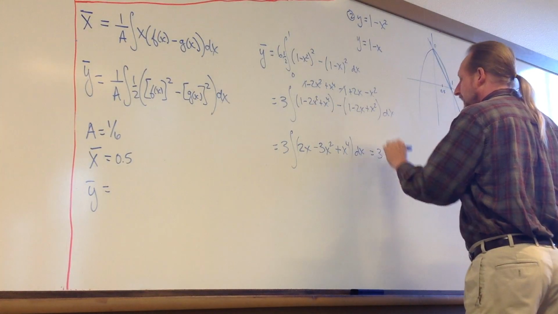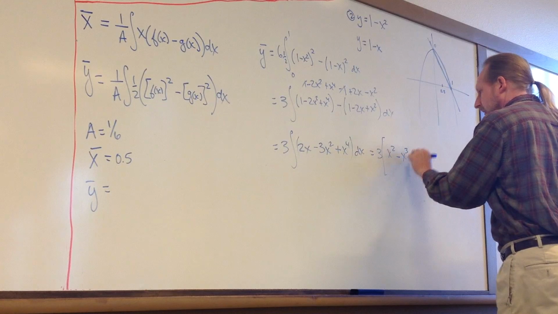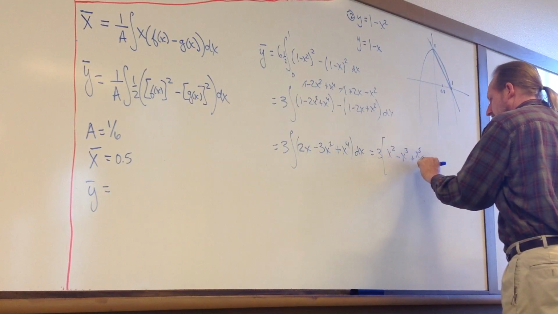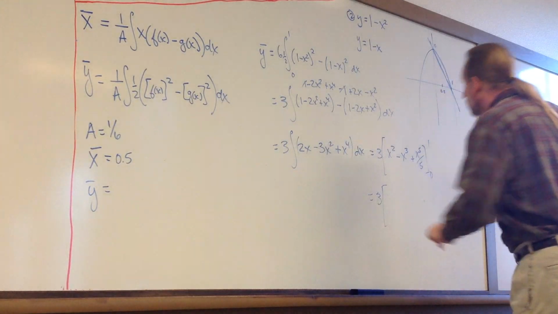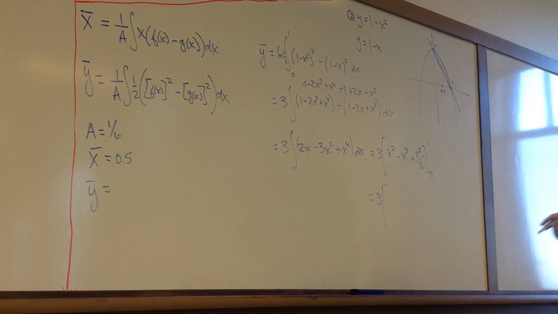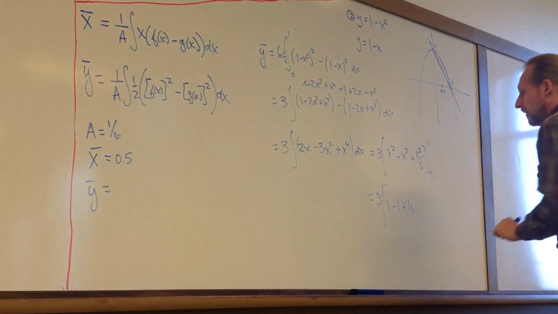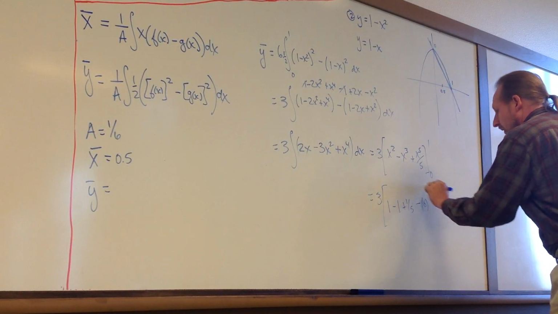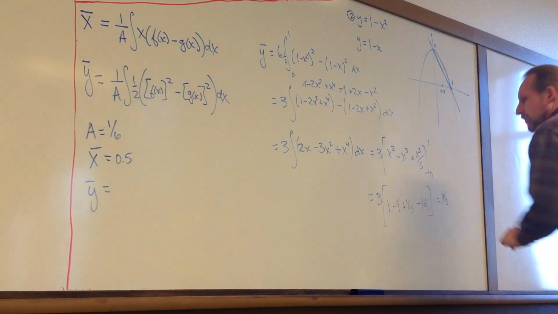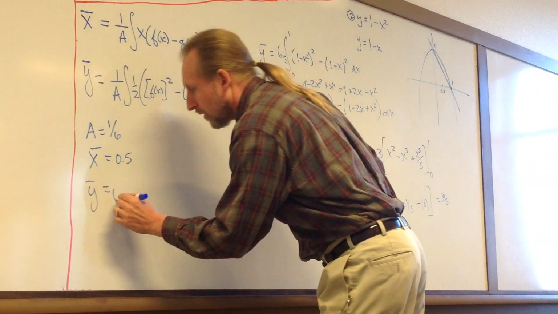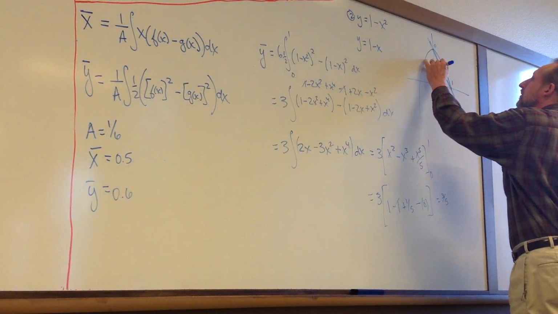So let's integrate. That'll be x squared minus x cubed plus x to the 5th over 5 from 0 to 1. All right, so that's going to be 1 minus 1 plus a 5th, and then minus 0. So these cancel each other out, and this is just 1/5, or 0.2.